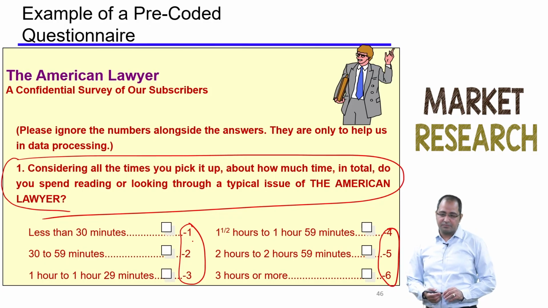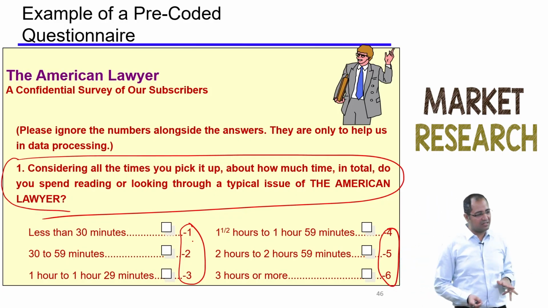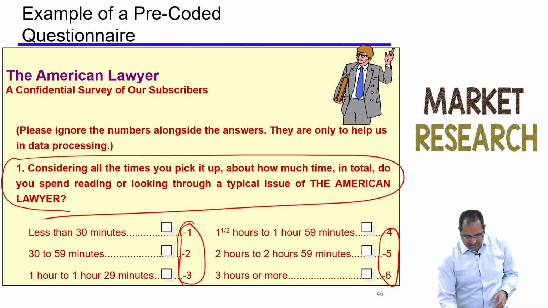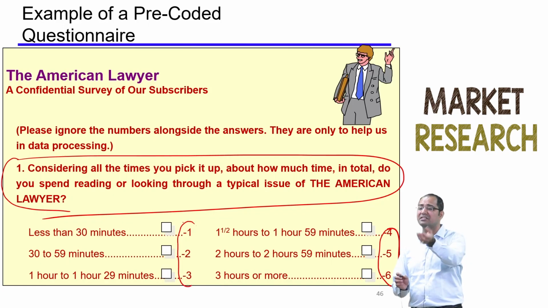So in this question, they haven't said whether it is in a day, in a week, or in a month. What I'm trying to show you here is how to represent the questionnaire, how to write this. If you see the respondents are going to be confused with these codes, then don't have them. But have them definitely in the Likert scale, strongly agree, strongly disagree.